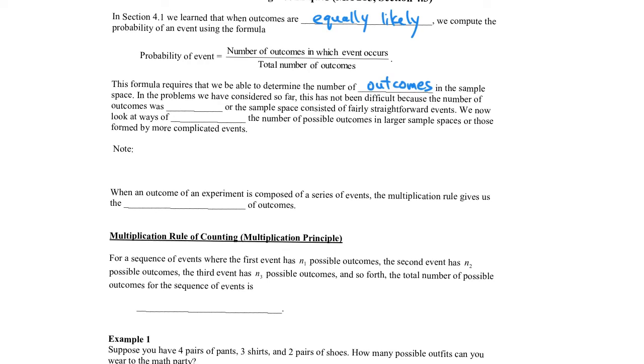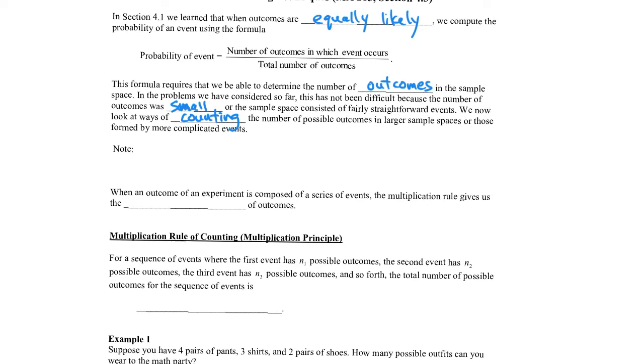So the problems we looked at so far have been kind of easy because the number of outcomes was small, or the sample space consisted of fairly straightforward events. But now we're going to look at ways of counting the number of possible outcomes in larger sample spaces, or those formed by more complicated events. The note here is telling us basically what we want to do.